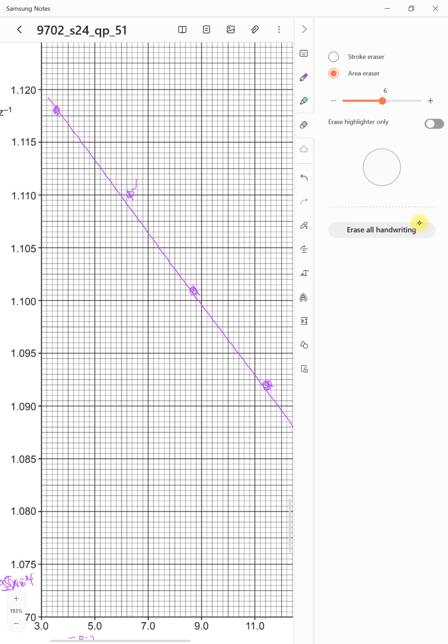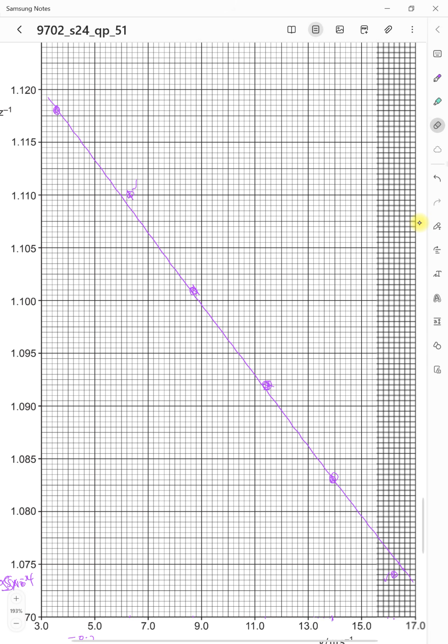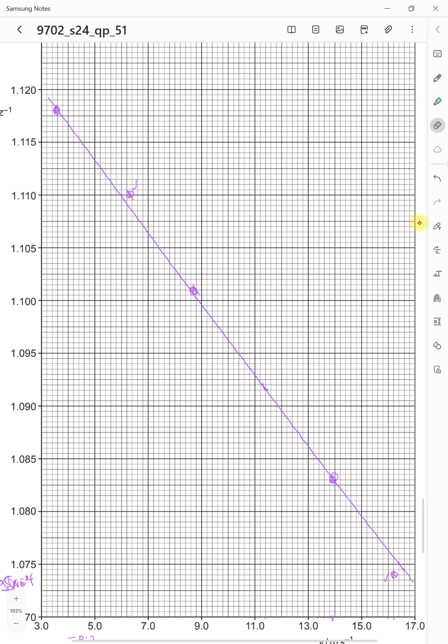Let me try to reduce the size of the eraser. This point was 11.4, which is this point here. 11.4 was against 2, which was 1, 2, 3, 4.